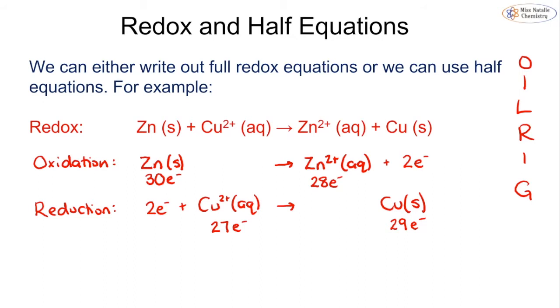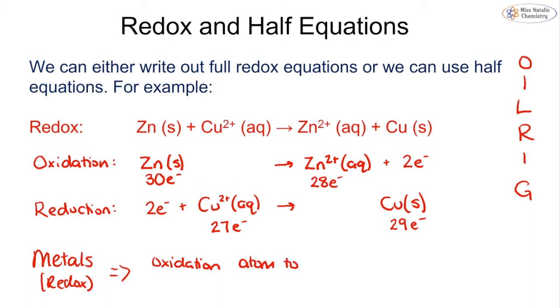Now, the general rule when it comes to metals and redox is the following. Oxidation is when we go from an atom to an ion, and reduction is when we go from an ion to an atom.